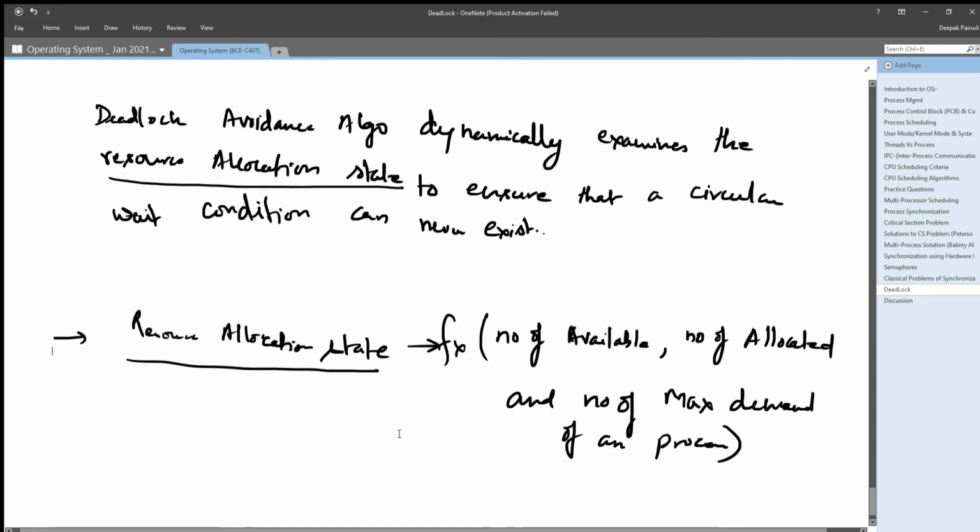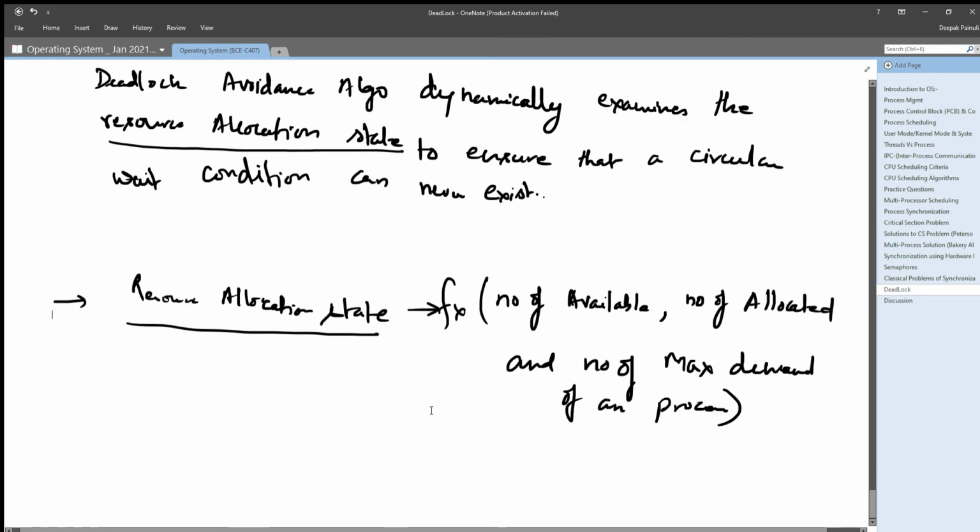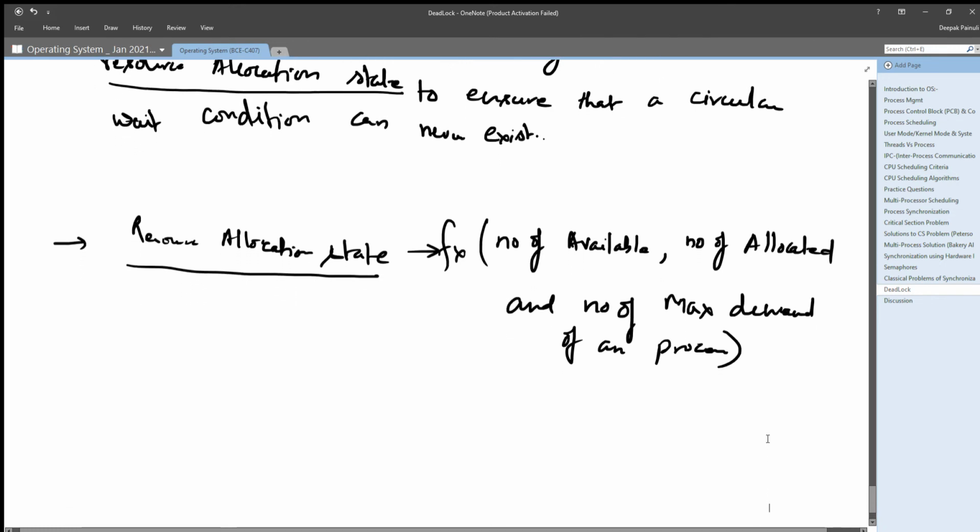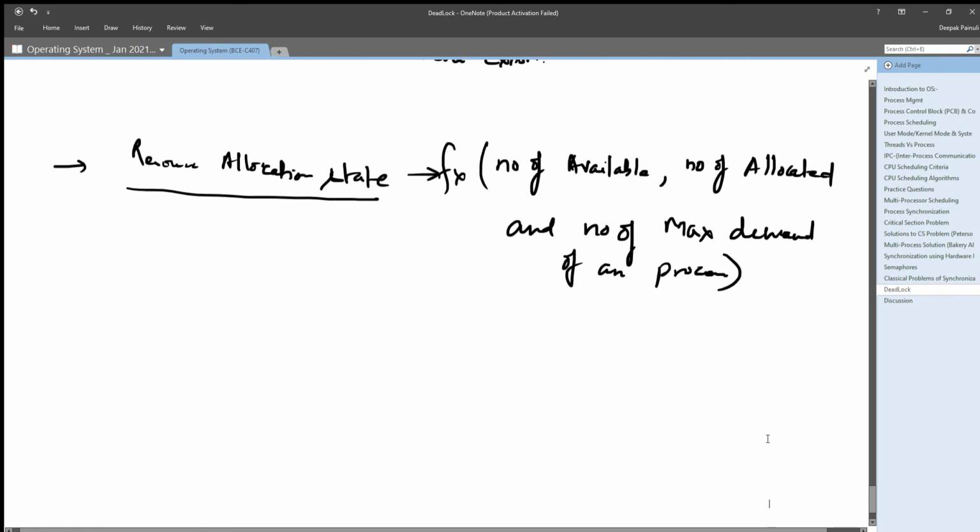So this is very important, and we will discuss it again ahead when we use an example to understand it, right?